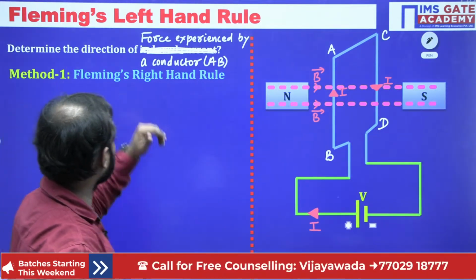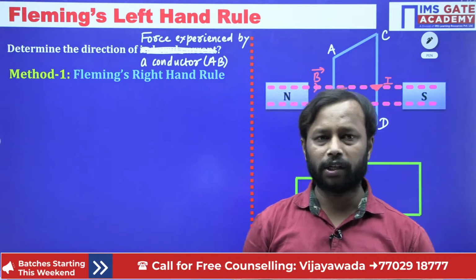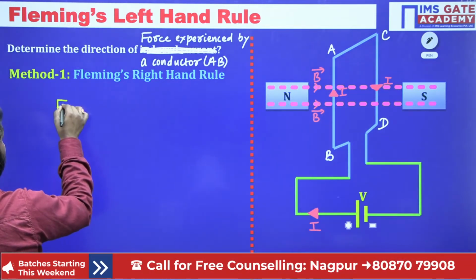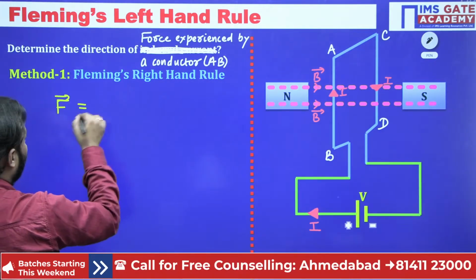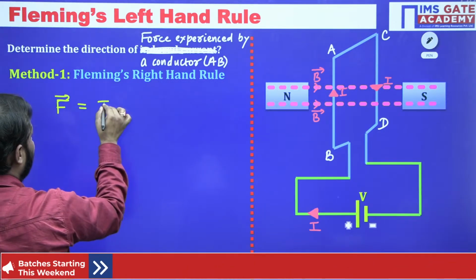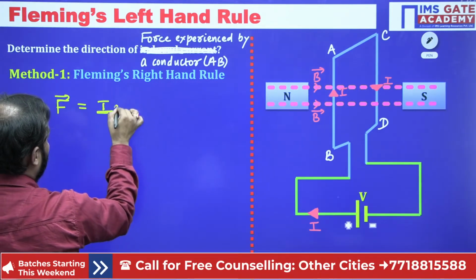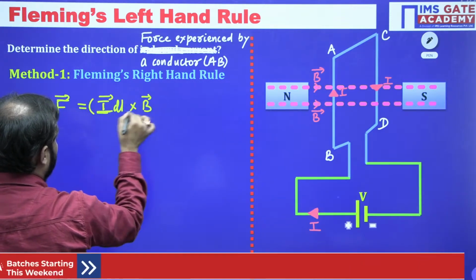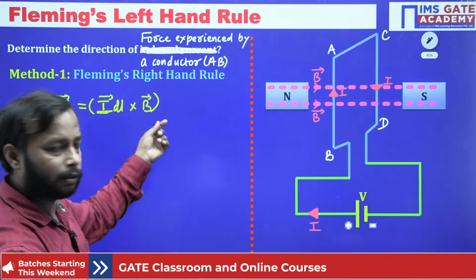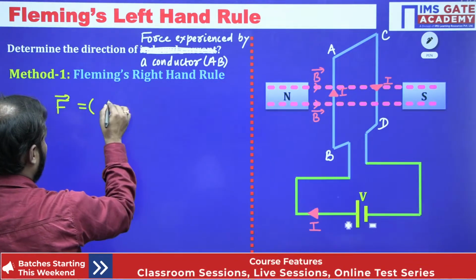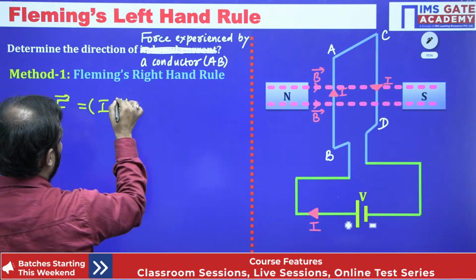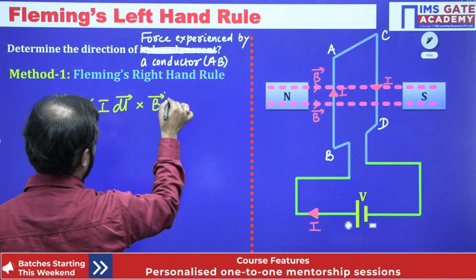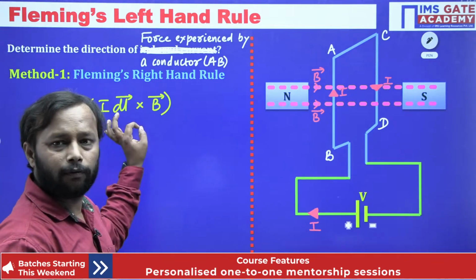See, I am going to use first Fleming's left hand rule. Stretch your forefinger. Basically, this rule gives you the information about force, which is equal to I dL cross B. So I dL will be taken together.